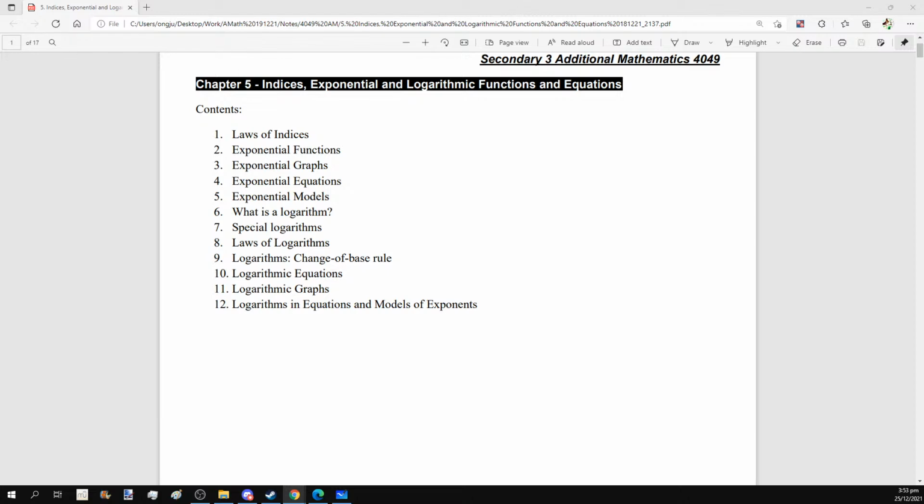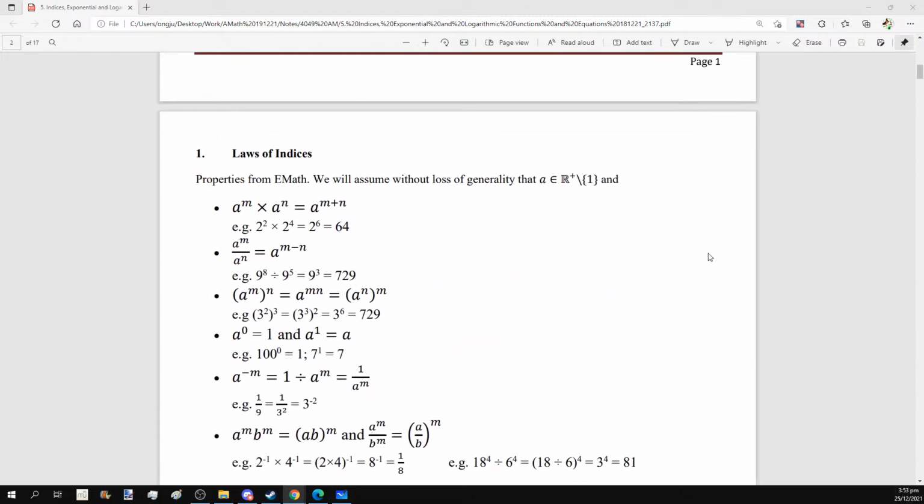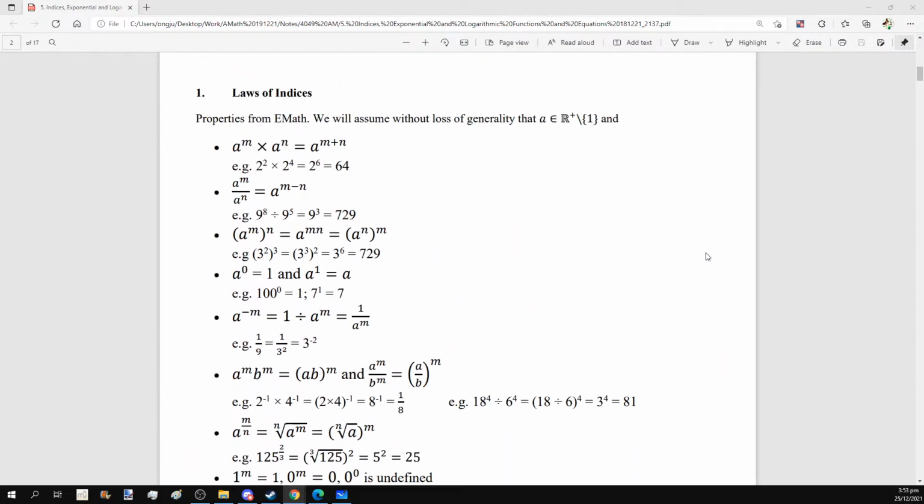So first of all, right, I want to just briefly remind all of us here of the various laws of logarithms that we have already learned. So most of these should already be familiar to you. In particular, it's important to recall that we would have already seen such a thing in our E-math, right? So actually what we see in A-math is going to simply be more of the same thing again.